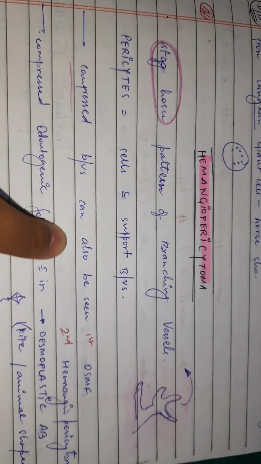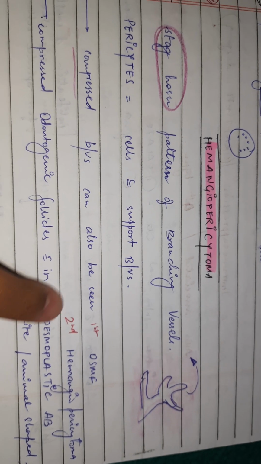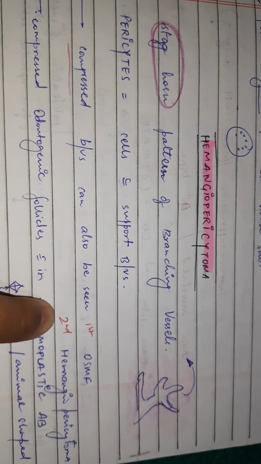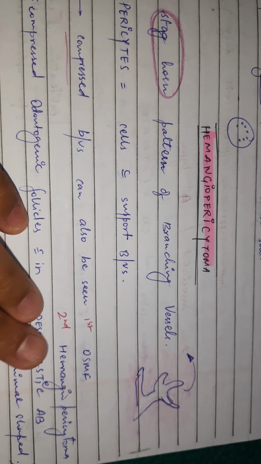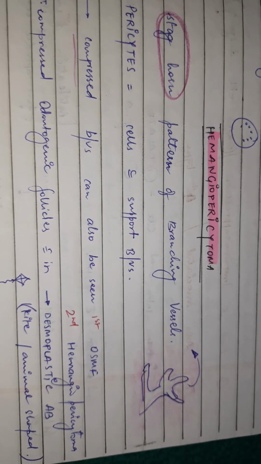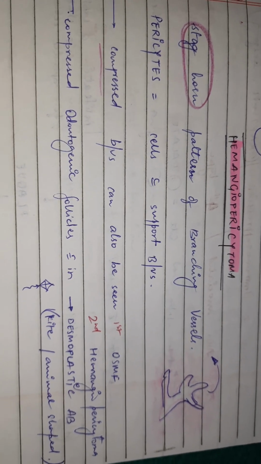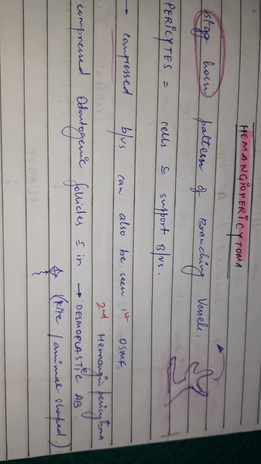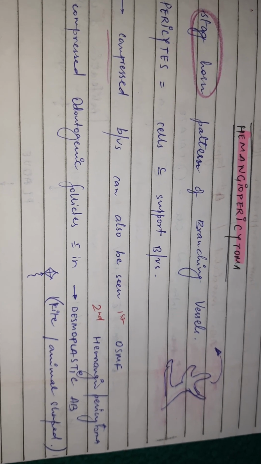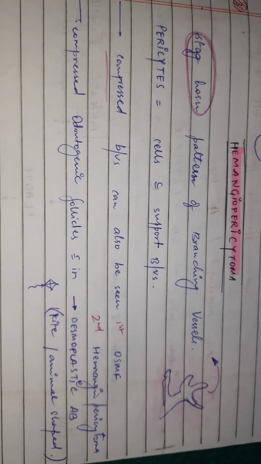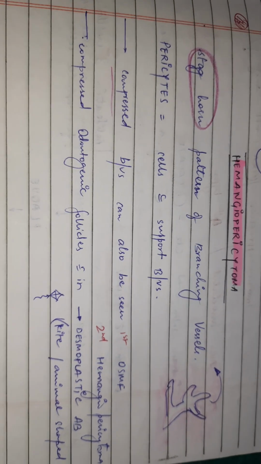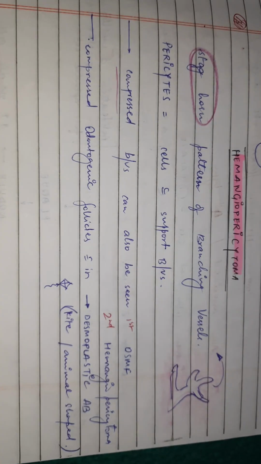Compressed blood vessels can also be seen, first in SMF and second in hemangiopericytoma. Then compressed odontogenic follicles are seen in desmoplastic ameloblastoma.